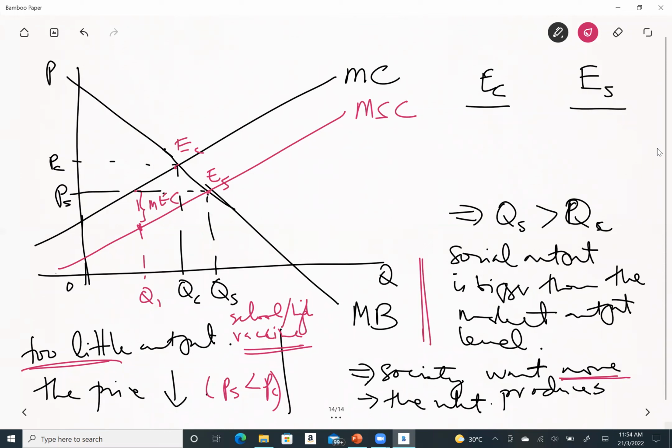Next, we are going to look at the positive consumption externality. Positive consumption externality is when the consumption of a good generates benefit to third parties. In other words, people who are not directly involved in the transaction get benefit from the consumption.